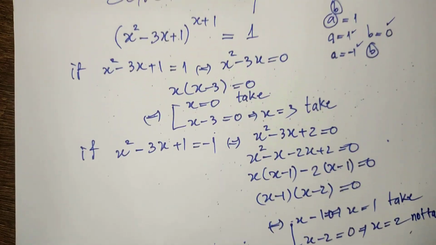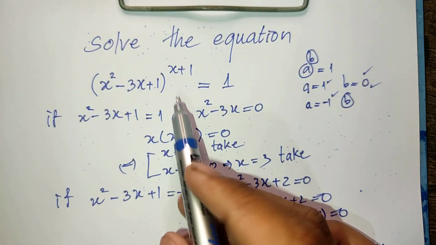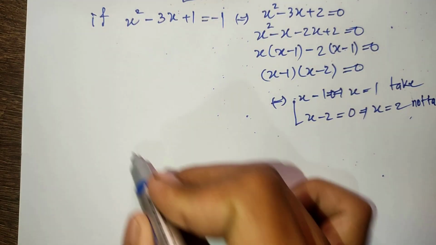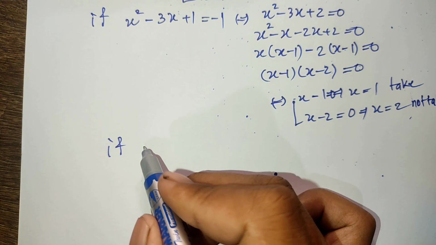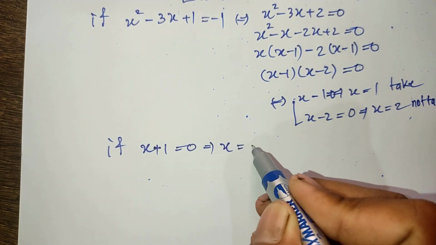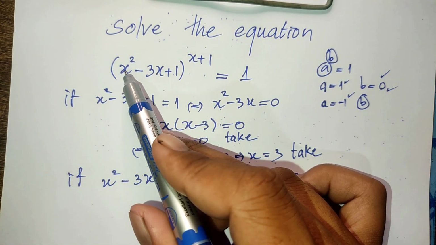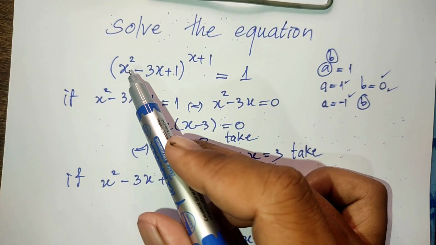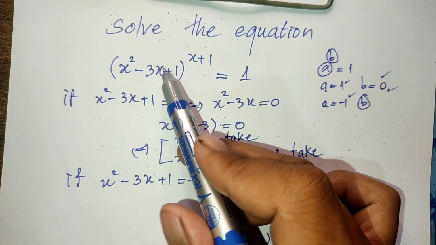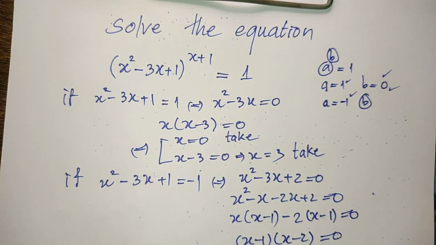And the end is we use b equals 0, so now we can get the values of x plus 1 is equal to 0. So now if x plus 1 equals 0, we get x is equal to minus 1, so minus 1 squared we get 1, and plus 3, 1 plus 3 equal 4, 4 plus 1 equal 5, and this 5 to the power 0 is equal to 1.